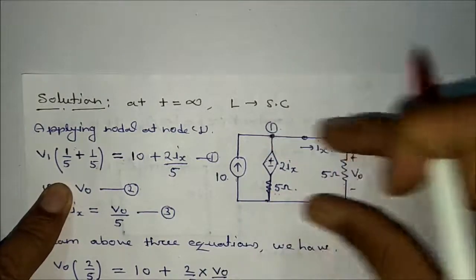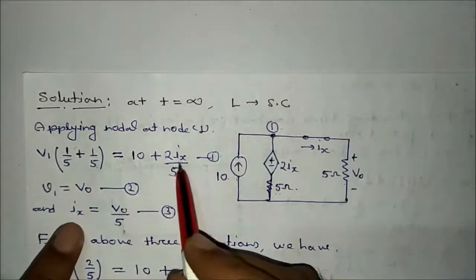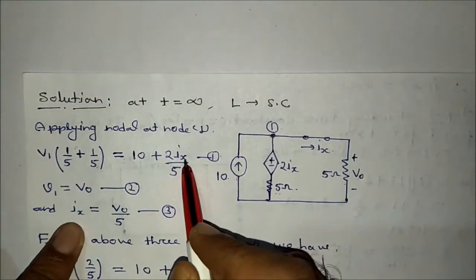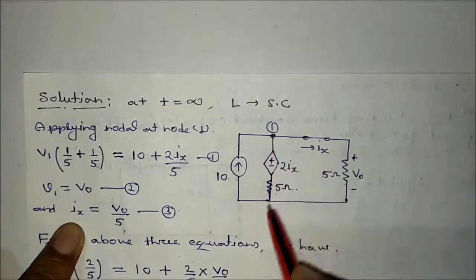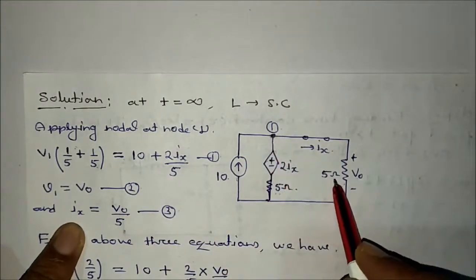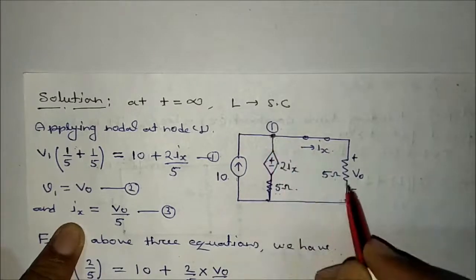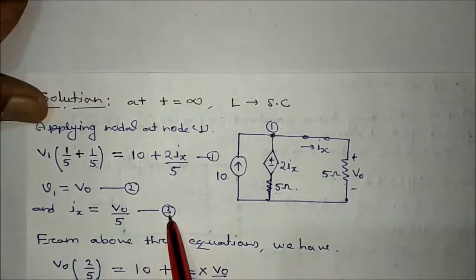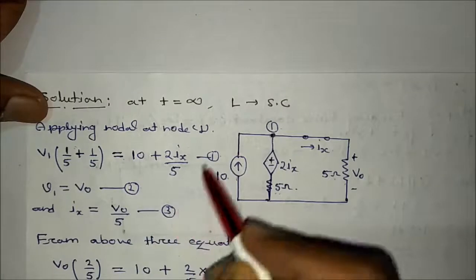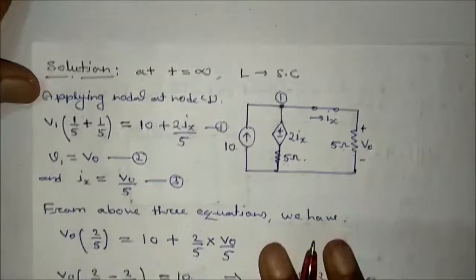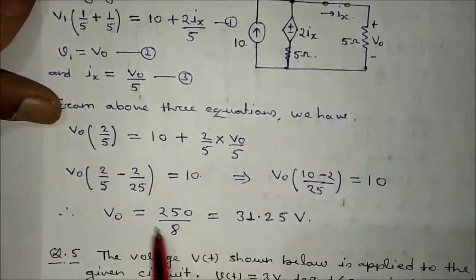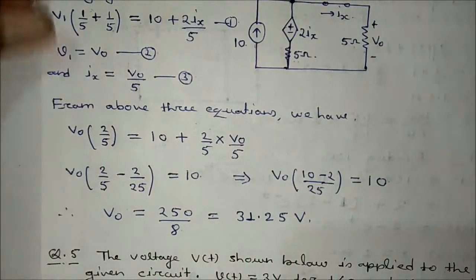Both are in parallel. Okay, so we have here ix. You have to remove this ix, and we can say that ix is equal to this voltage divided by 5 ohm. We can say that V1 divided by 5 is equal to ix. So using this equation and that equation, you can get the value of V naught, and V naught is equal to 31.25 volt.